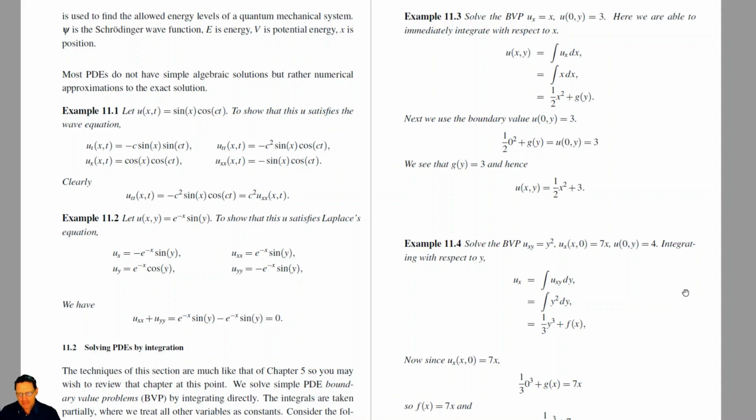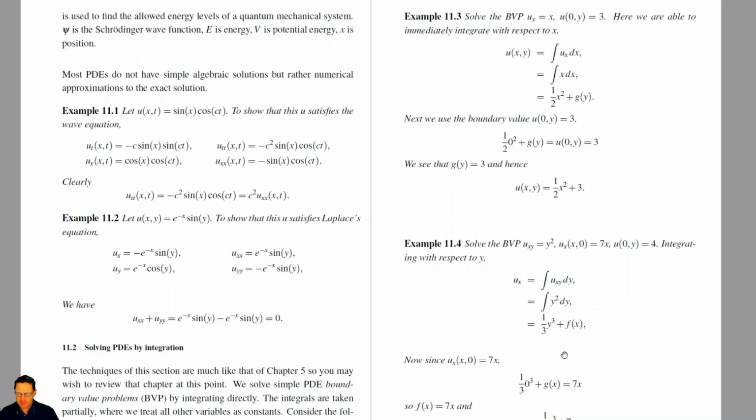Okay, now we need to find what the function of x is, so we use our boundary values. u subscript x of x, 0 is 7x, so if we sub in y is 0 into u subscript x, we've got a third of 0 cubed plus our function of x. Now I can see a typo there.